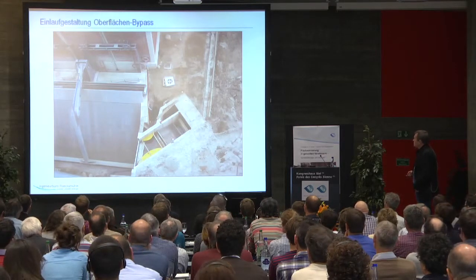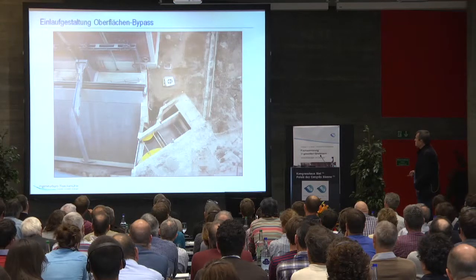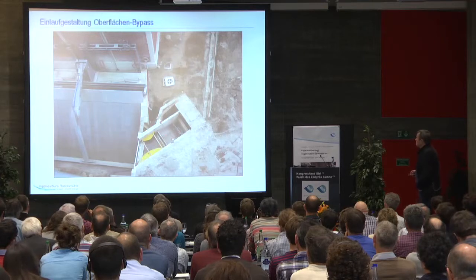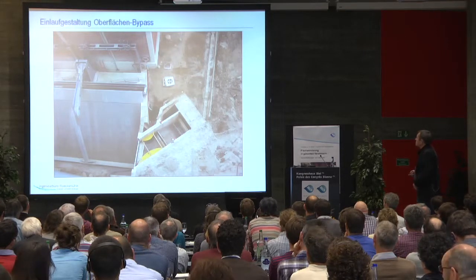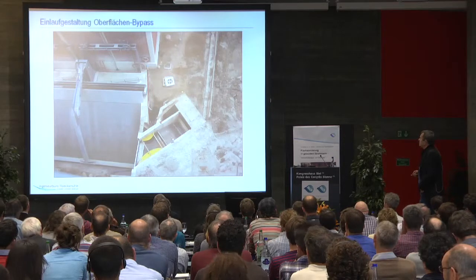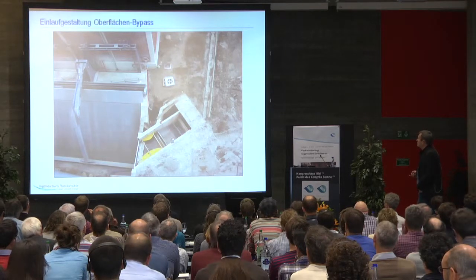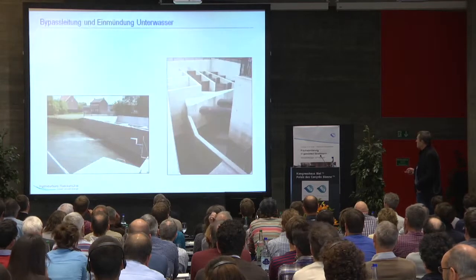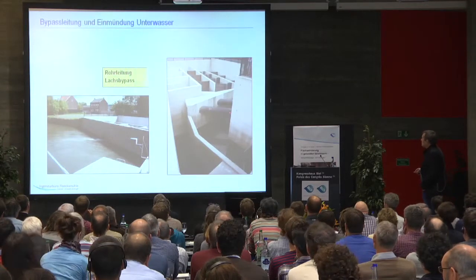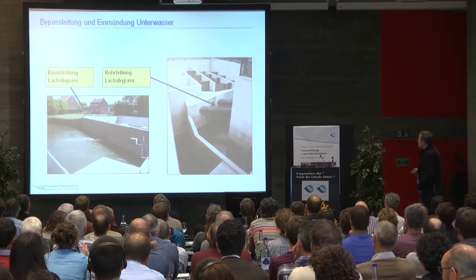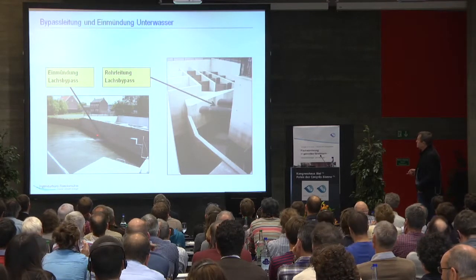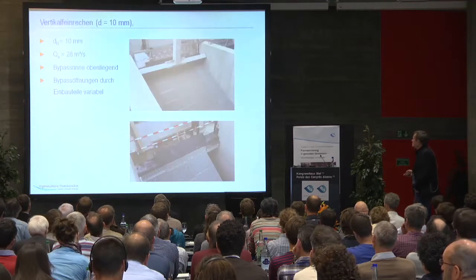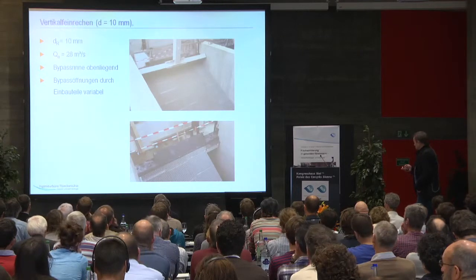And here the bypass was placed on the side and designed in a way that it quickly guides the fish into this section with a small Tyrolean screen, which then leads on into bypass tubes, which then flow into the tail race again.